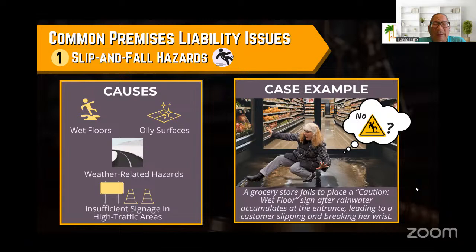So these are just things to be aware of. There's no expectation for a shopper to enter a grocery store or hotel and slip, right? Or expectation for that hotel guest to be looking on the ground at the floor to see if there's water there or something, right? So the expectation is it's going to be clean and safe.